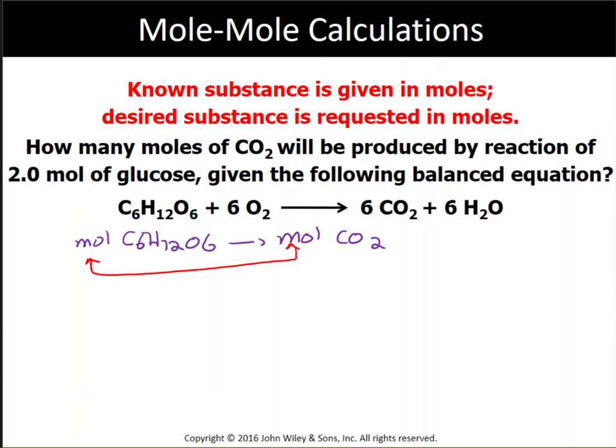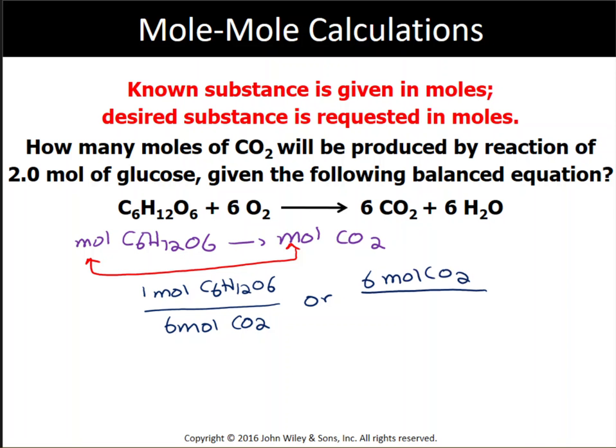Based on the balanced reaction, each mole of glucose produces 6 moles of carbon dioxide. Or I could say each 6 moles of carbon dioxide are produced from a reaction of 1 mole of glucose with enough oxygen, obviously. So these are the 2 possible conversion factors that I could use.